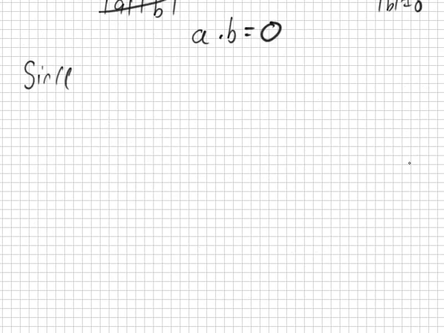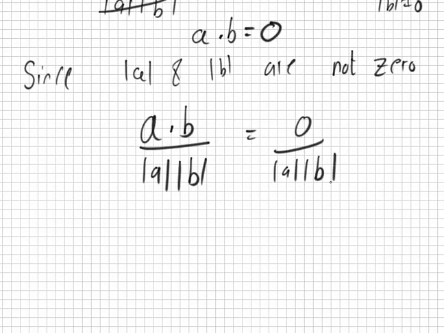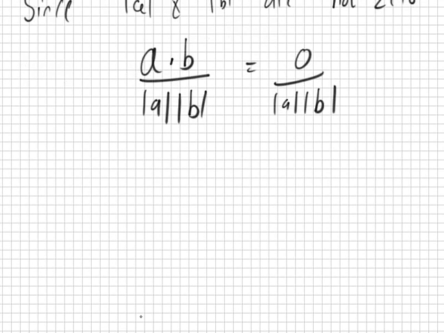Now, since A and B are not 0, we can divide both sides by the magnitude of A times the magnitude of B. So dividing both sides by that, we get this result here. Now, of course, on the right we get 0. So we have A dot B over magnitude A, magnitude B equals 0.